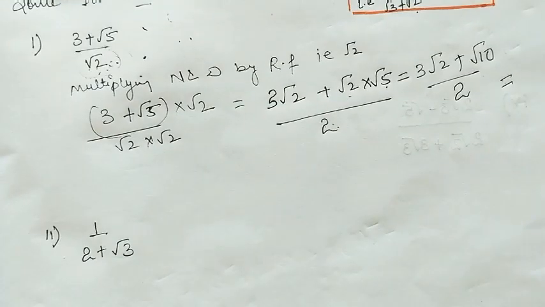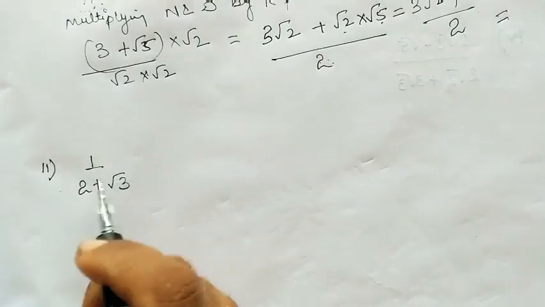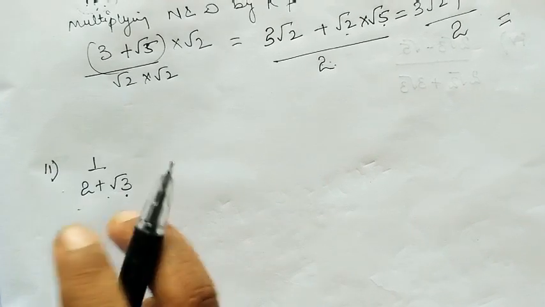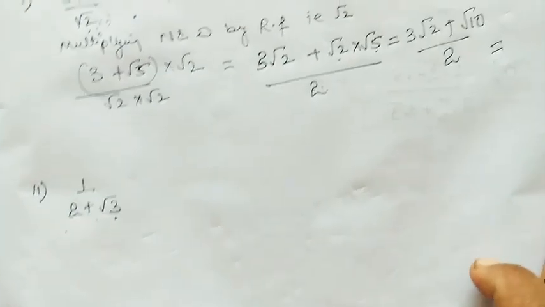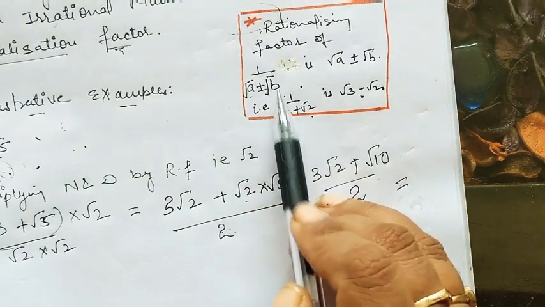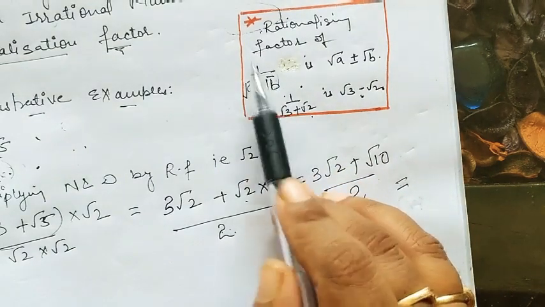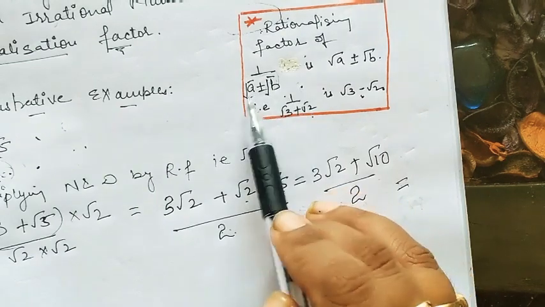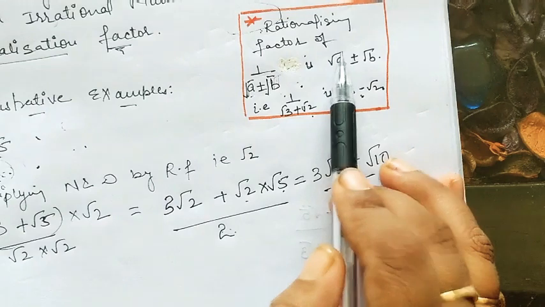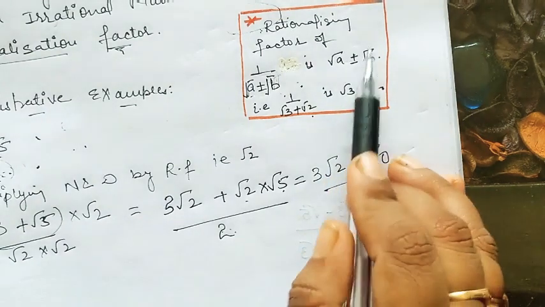Now let's move to another question, that is 1 upon 2 plus root 3. As in the first, I have already told you that whenever it is given like 1 upon root a plus root b, its rationalizing factor will be the conjugate of it. If it is root a plus root b, its rationalizing factor will be root a minus root b.